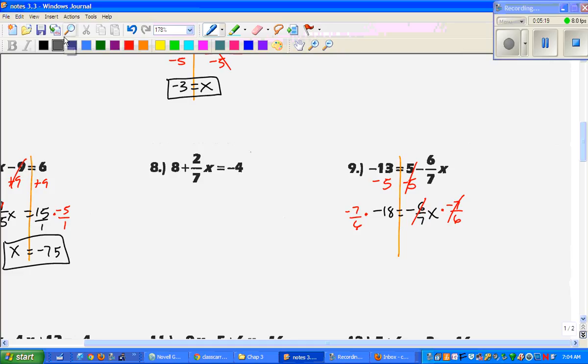So those cancel out. So we got negative 18 over 1 times negative 7 over 6. Now I can reduce right here, and we get 21 over 1. And since we are multiplying two negatives, that turns to a positive 21.